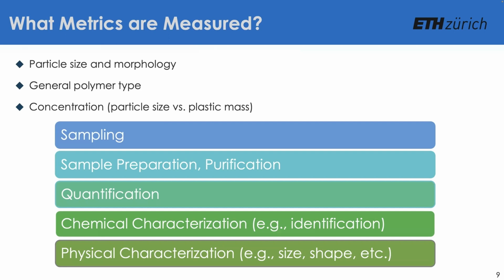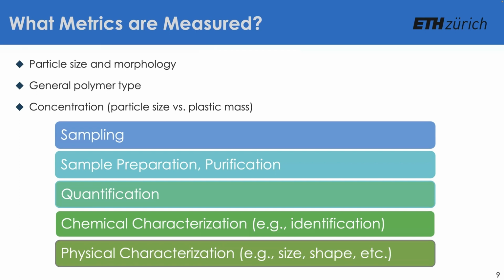And when we talk about quantification, this is where we'll start to use different analytical tools to give us particle size, morphology, and different types of physical and chemical characterizations.